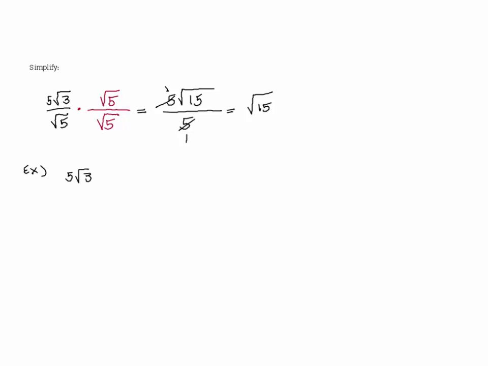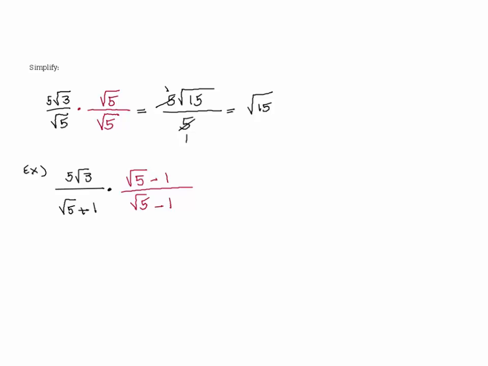Let's take a quick look at another example where we have more than one term under the radical. So in this case we have 5 radical 3 over square root of 5 plus 1. Here we have to multiply top and bottom of the fraction by the conjugate of square root of 5 plus 1, which is square root of 5 minus 1.